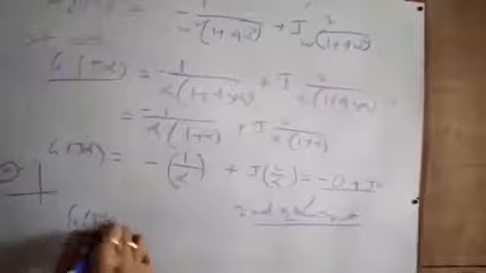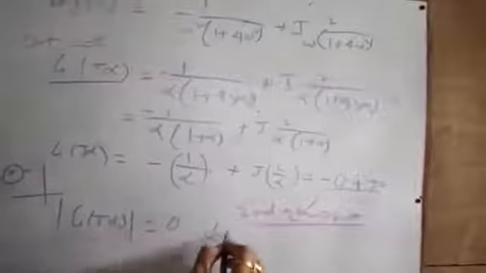So at omega equal to infinity, G(j infinity) equals minus 0 plus j0, again a second quadrant operation. The magnitude of G(j infinity) equals 0, and the angle of G(j infinity) equals 90 degrees.